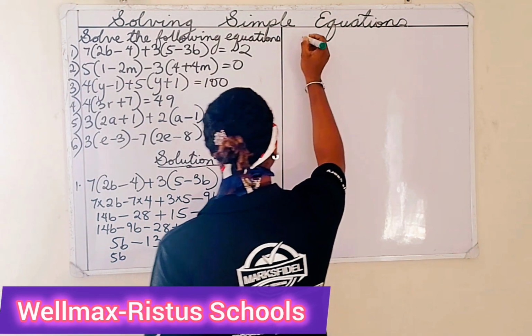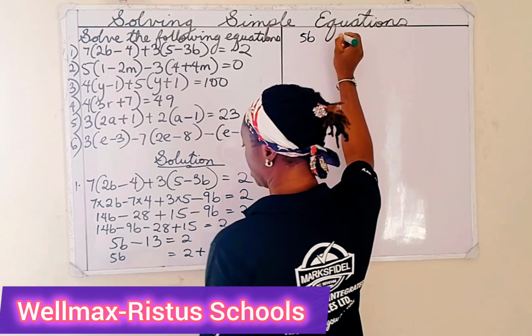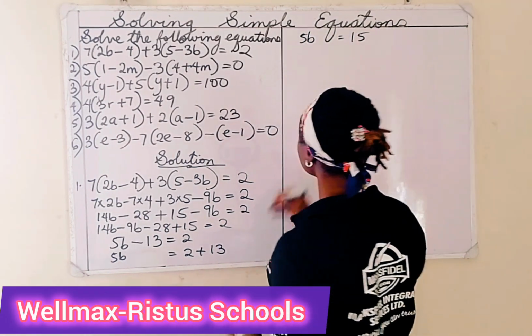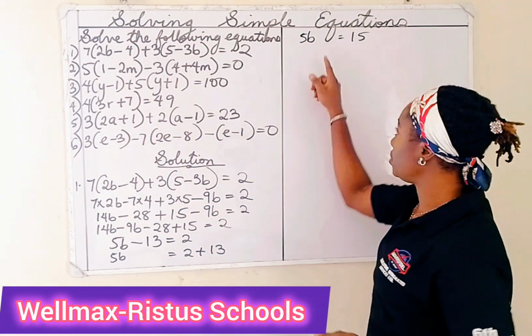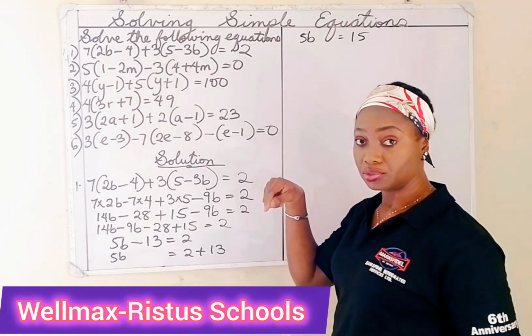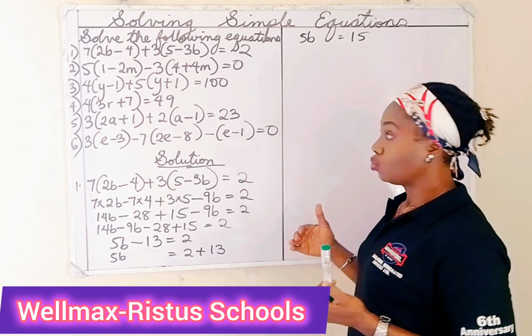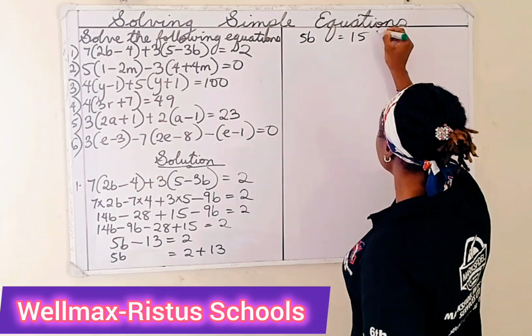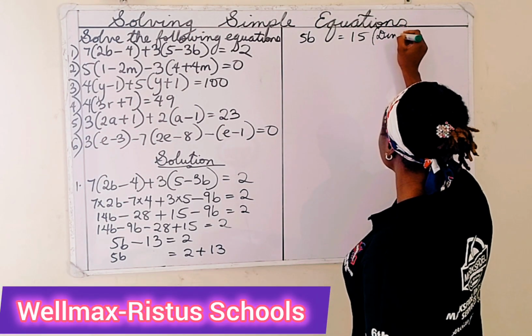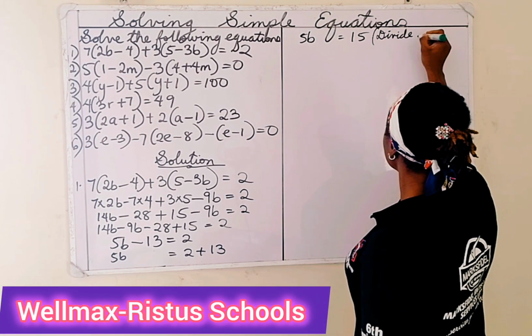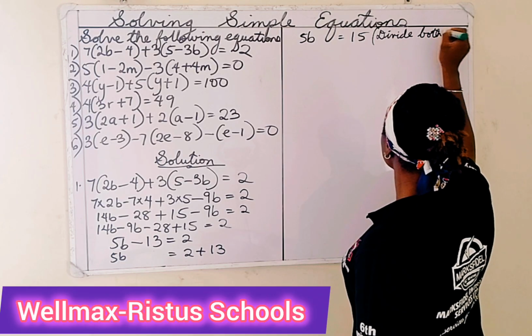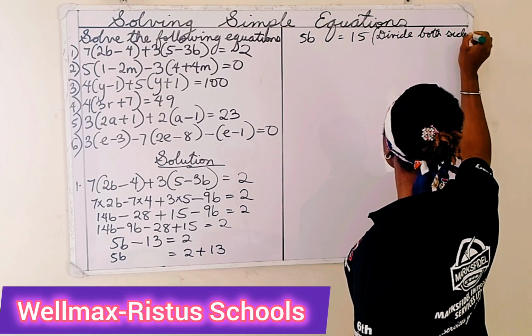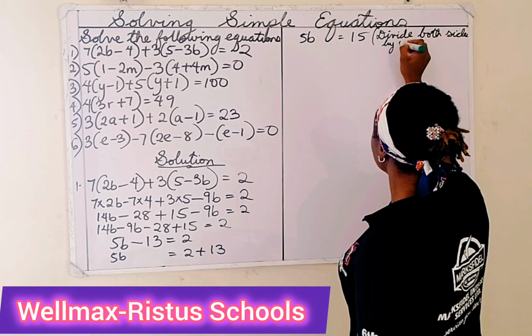Now from here we have 5b equals 15. I want to make b the subject of the formula, so we're going to divide both sides by 5.